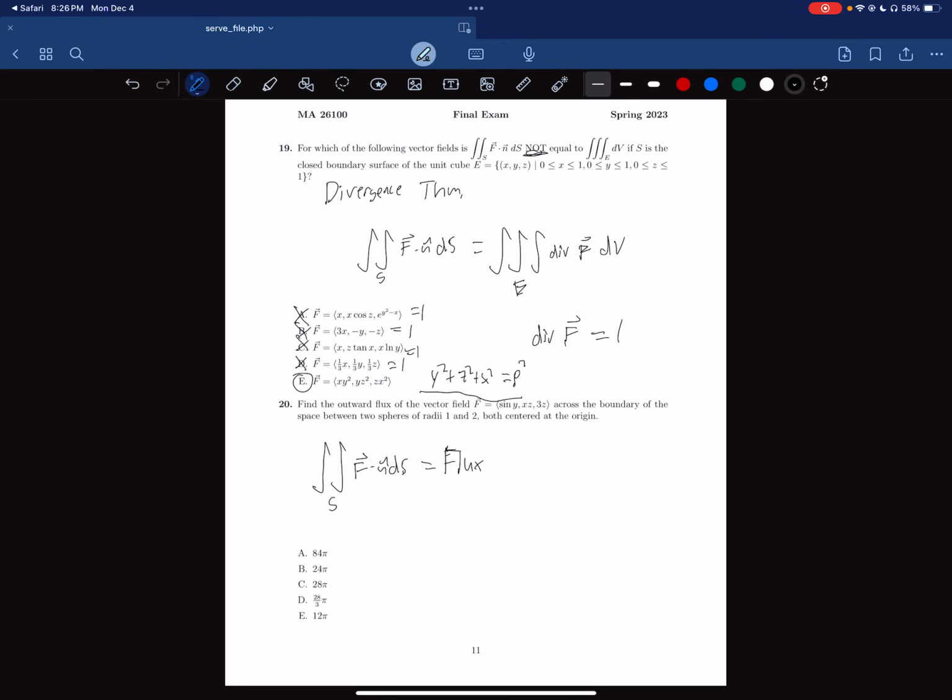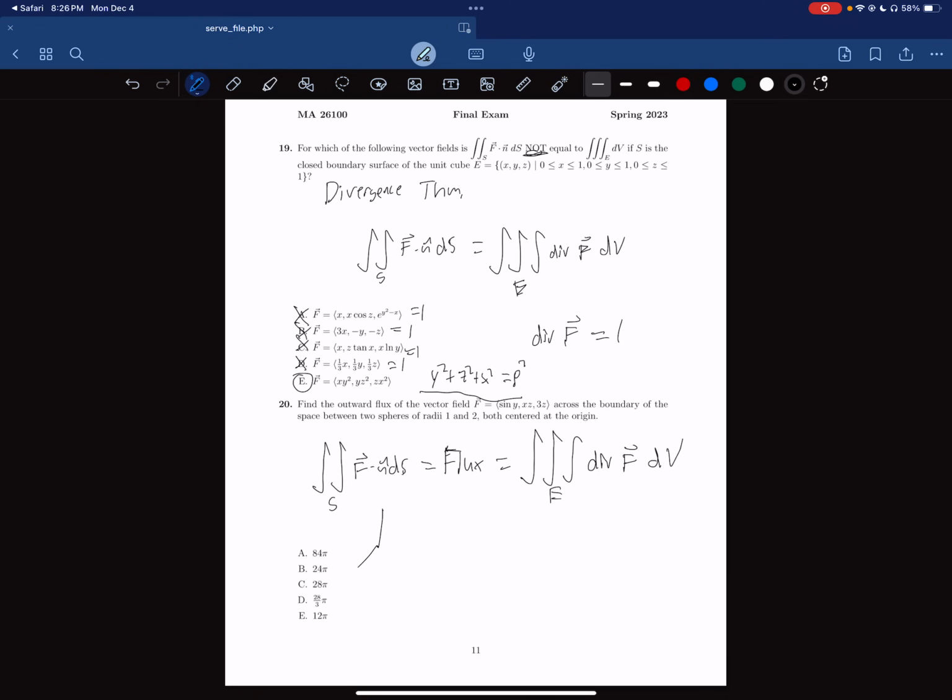This is just the triple integral over the region E of the divergence of F dV, and this is only true if it is a closed region, and in this case we have two spheres, so yeah, they will be closed here.